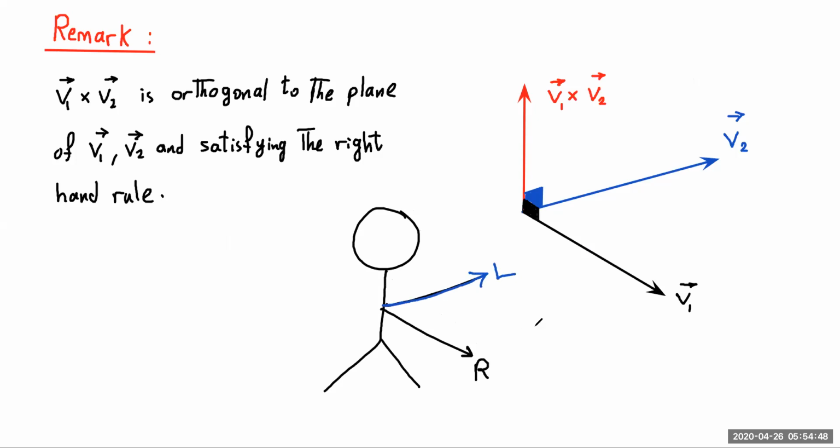If we take this vector R cross vector L, the direction of the answer R cross L is this vector here, in this direction. So this is called the right-hand rule.